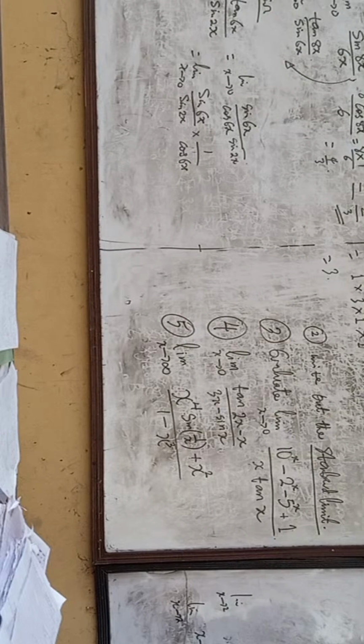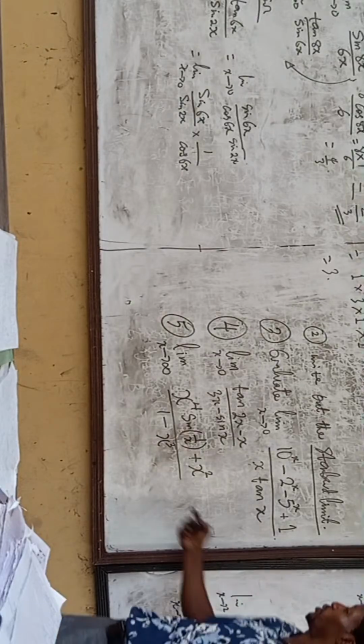If you have the limit as x goes to infinity of 1 over x, it is going to be 0. Because as x is becoming larger, the value will be reducing. The same thing holds if it is x to the power n.